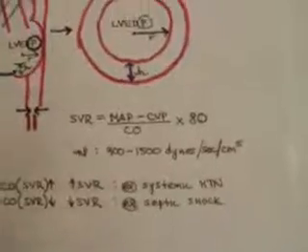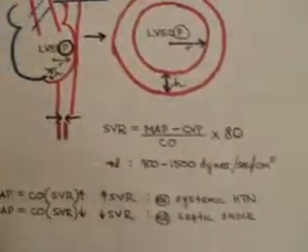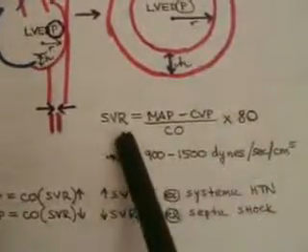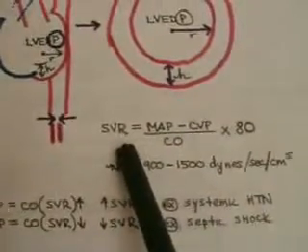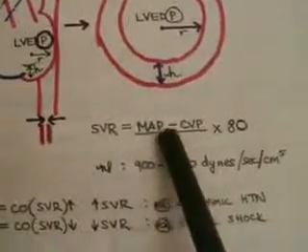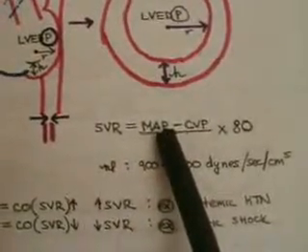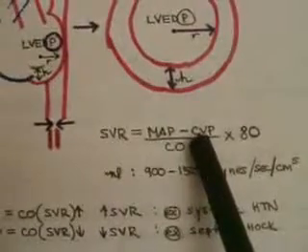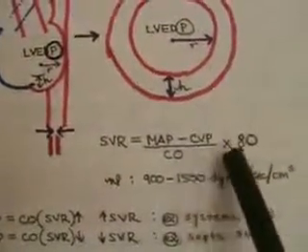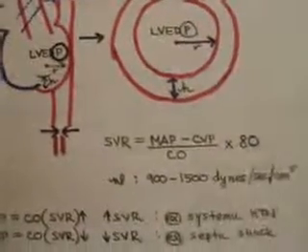But we'll look at afterload from a more clinical standpoint and say that afterload can also be thought of as the systemic vascular resistance. And systemic vascular resistance can be equated to the mean arterial pressure minus the central venous pressure, divided by the cardiac output and multiplied by 80.